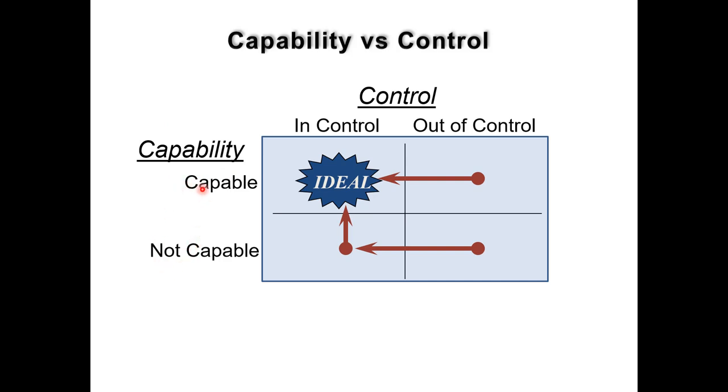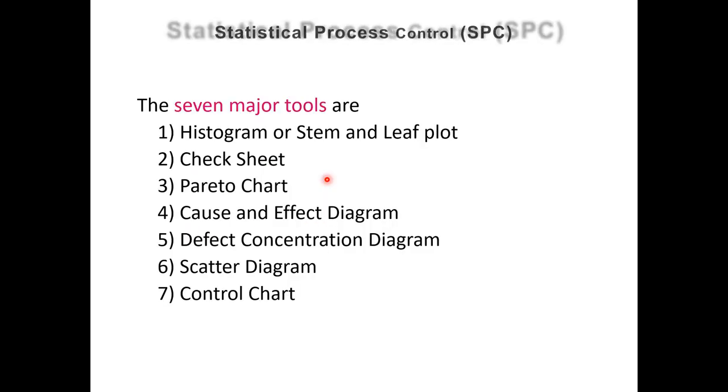Capable means it will produce items which are within the upper and lower specification limits. In control means the process data is within the upper and lower control limits. So the ideal situation is whereby the process is in control and at the same time it is capable, as shown by this diagram.